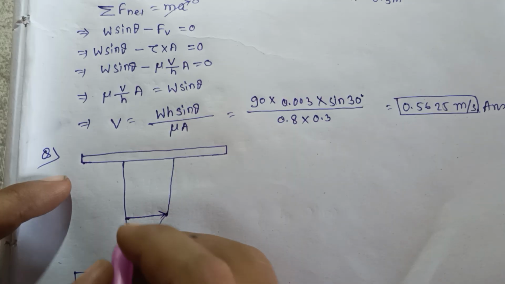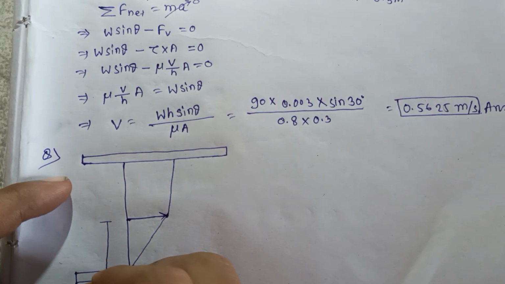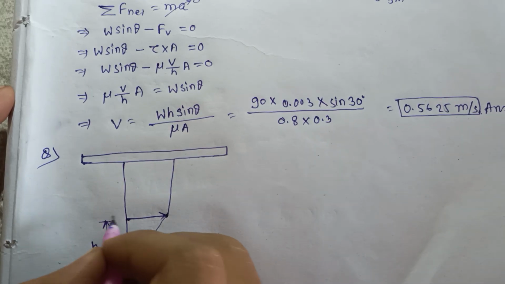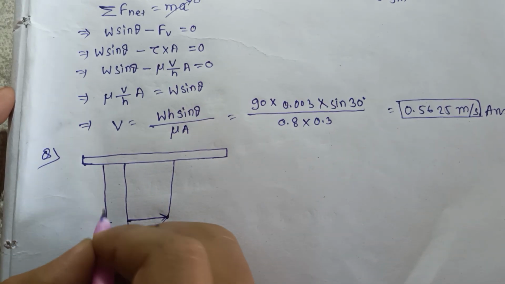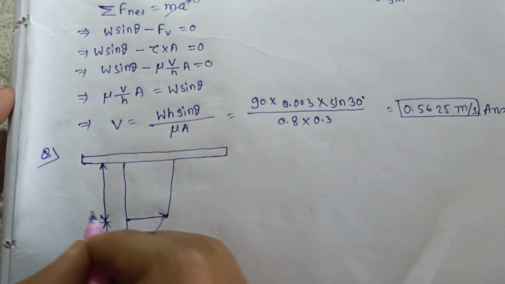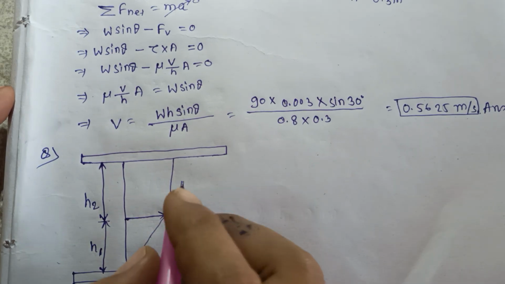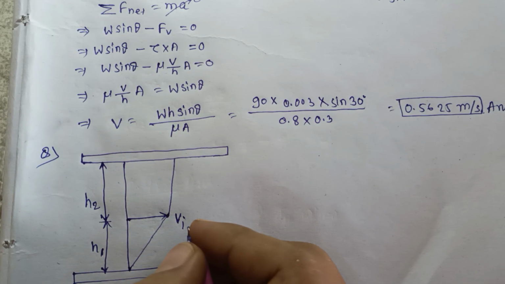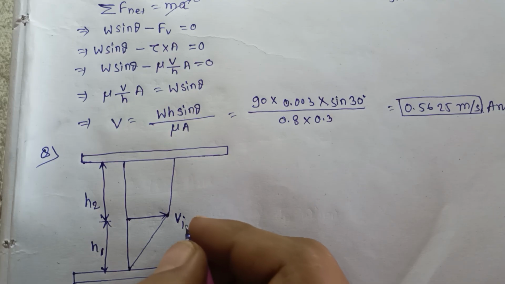So this is fluid 1 and the distance from here is H1, and the distance from here to here is H2, and this is VI, the interface velocity.